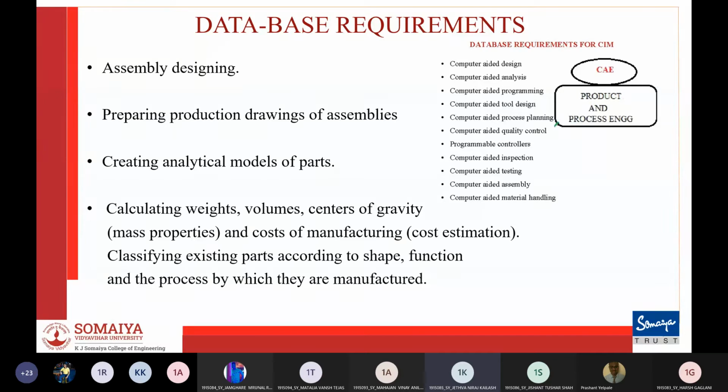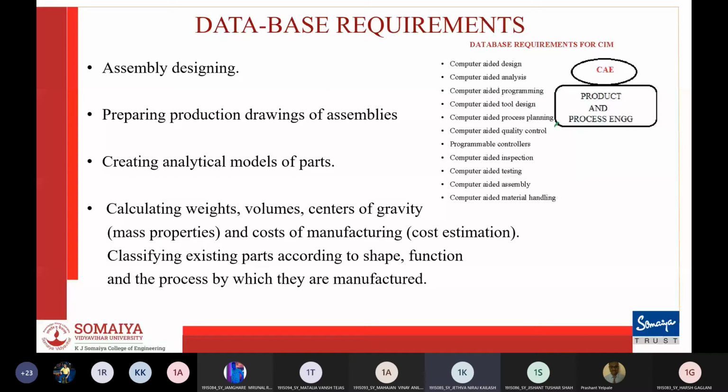So it requires specific data such as dimensions, tolerances, and many other different things. Second point is the production drawings of assemblies are prepared, which includes the individual parts or tools and fixtures and the other manufacturing facilities, creating analytical models of parts.